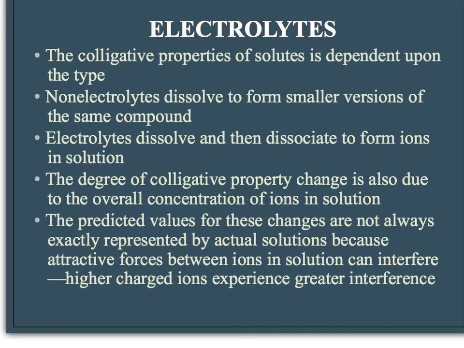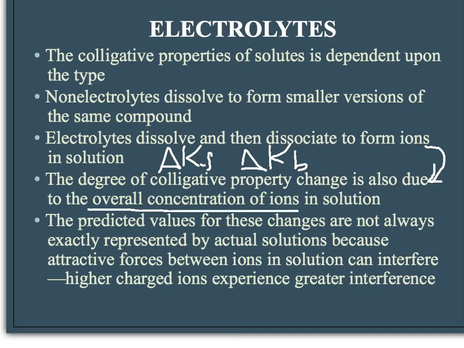So colligative properties are based upon the amount of dissolving and the amount of ionic dissociation that exists. So we're going to deal just with electrolytes at this point. And the amount of, say, freezing point or boiling point change that you see in a solution is due to the overall concentration of ions.